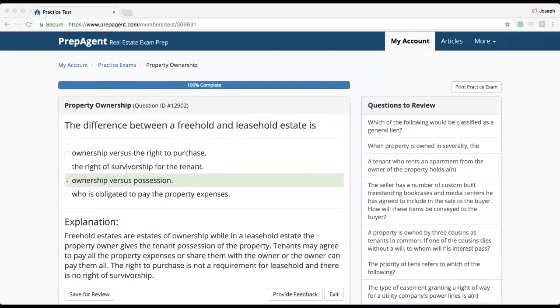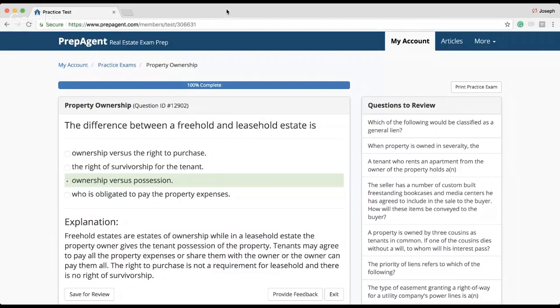Estate for years, periodic tenancy, estate at will, and estate at sufferance. Those are the four you must know.